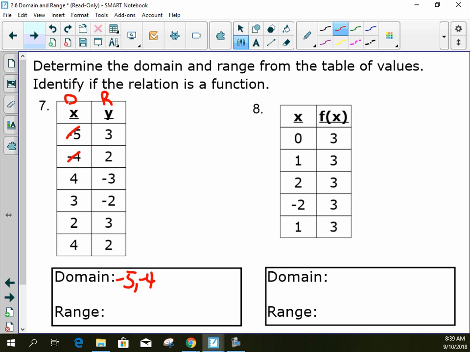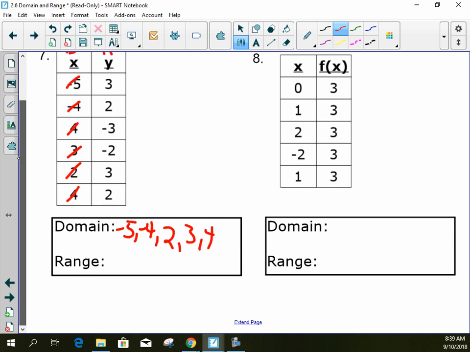Then I'm going to go to 2, because 2 is next. Then I go to 3, and then I only write one of the 4s. That's my domain. My range, smallest to largest. -3, cross it off. -2. And then I have 2, 3. Don't write them twice, only write them once.